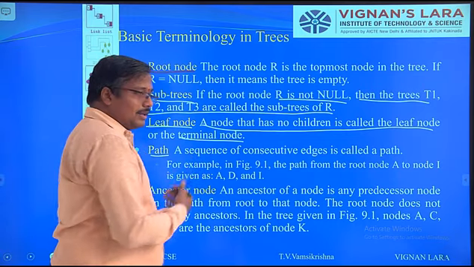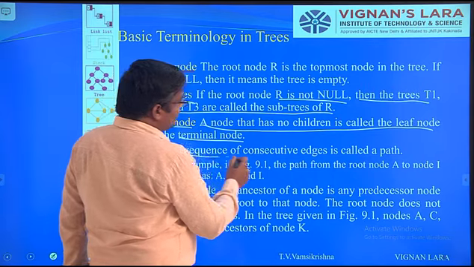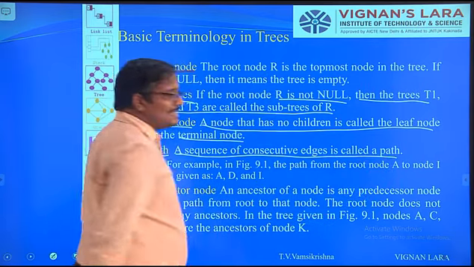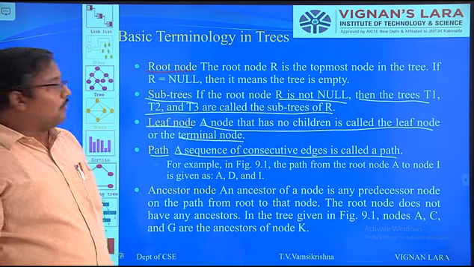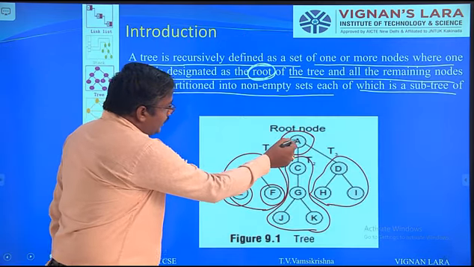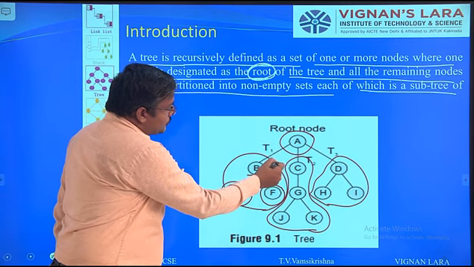Next, path. So these are all called terminologies. A sequence of consecutive edges is called a path. What is an edge? See, here A to B, this is an edge.